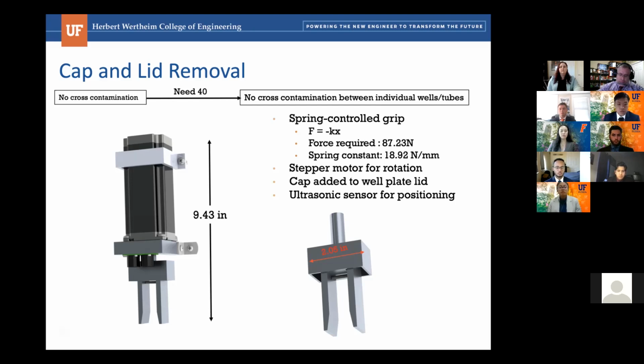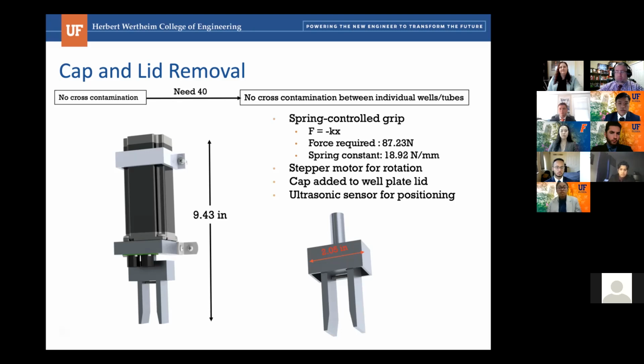And this spring was designed in order to mimic the pinching force of a human hand between the thumb and your index and middle fingers. And so the force required was 87.23 newtons, which was found through a study as the average pinching force for men and women aged 20 to 94 in a study conducted by the University of Wisconsin-Milwaukee.